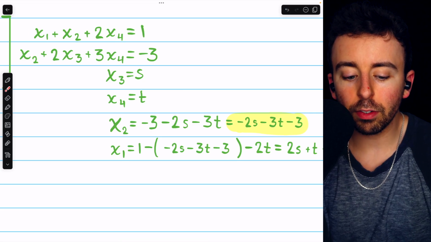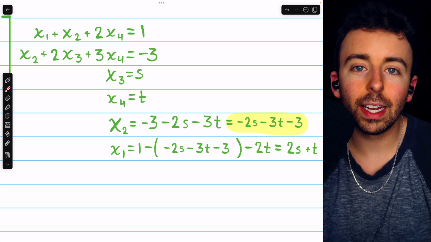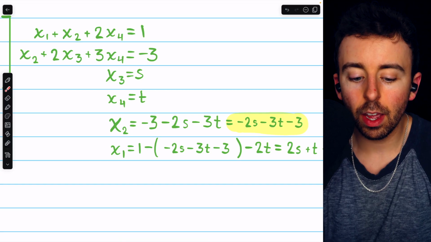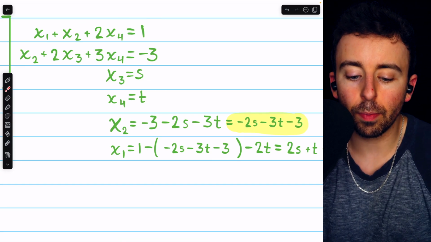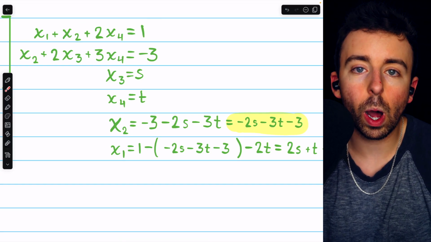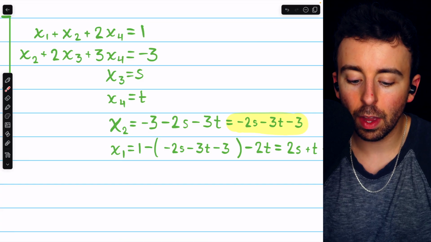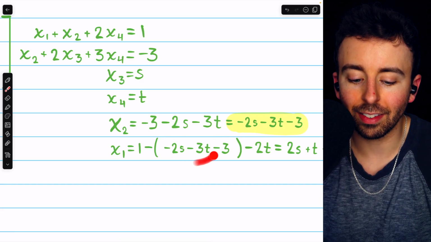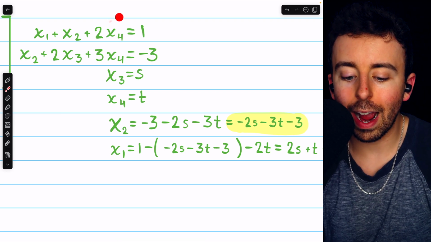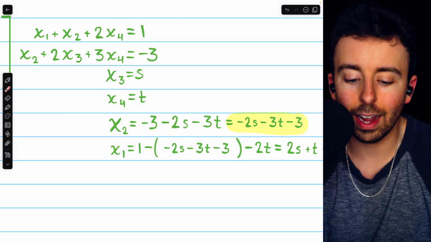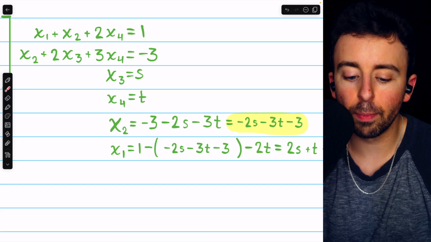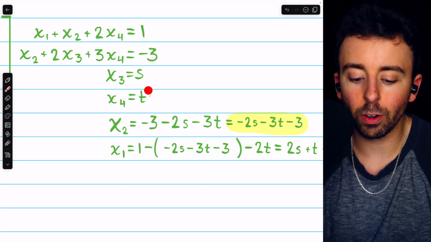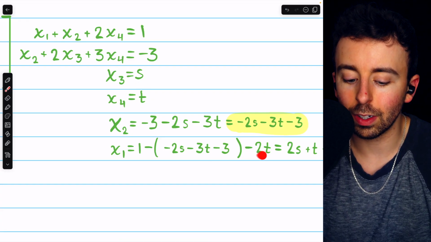Now we can take the first equation and write x1 in terms of s and t. We'd have to subtract x2 from both sides, so we would have 1 minus x2. 1 minus this is x2 in terms of s and t. And then we'd have to subtract 2x4 from both sides. Subtracting 2x4 from both sides, well, x4 is t, so that's minus 2t.